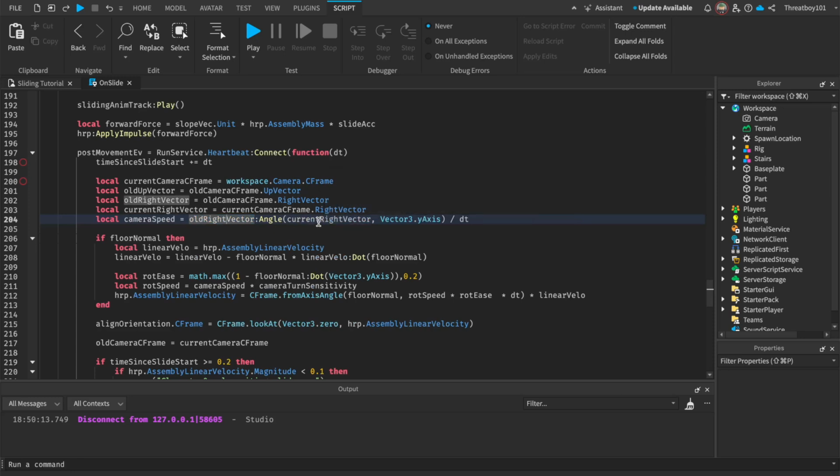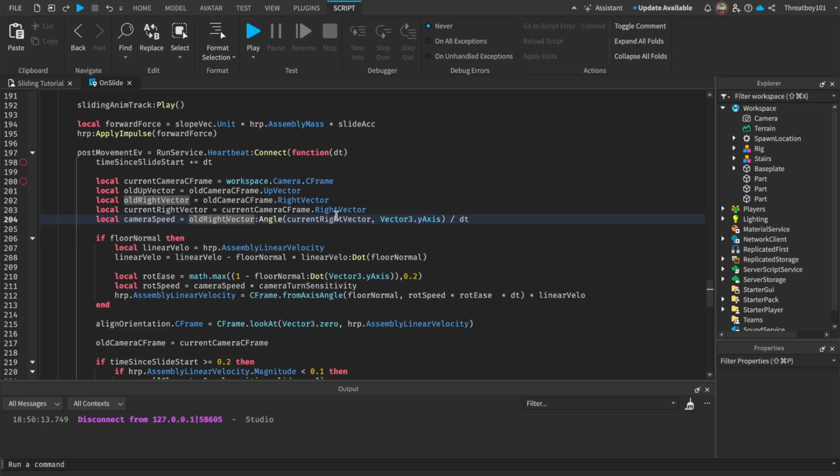And the cool thing about this is, depending on the order of the vectors, like whether you do old right vector cross current right vector or current right vector cross old right vector, that will determine the direction of this perpendicular vector, right? Because that perpendicular vector can be in two directions. I'm going to draw this in a second, but it can either stick out of the plane that these two vectors lie on, or point inwards to that plane.